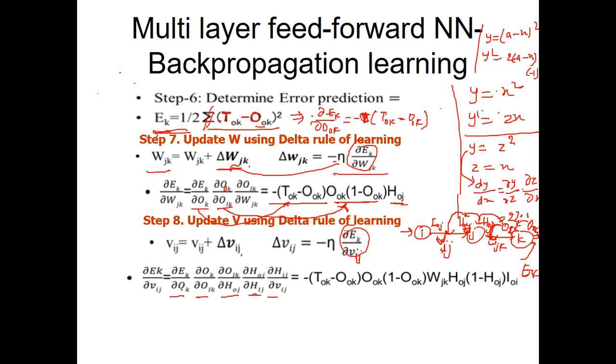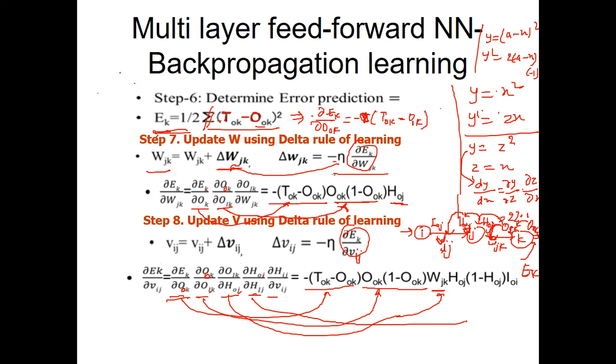So EK with respect to OOK, OOK with respect to OIK, OIK with respect to HOJ, HOJ with respect to HIJ, HIJ with respect to Vij. The first term will be this, the second term will be this part. Third will be only this part.